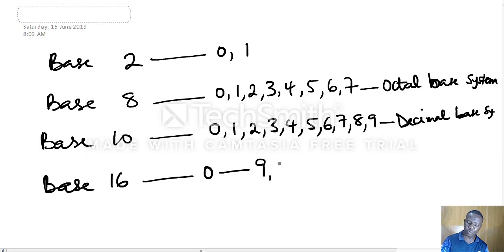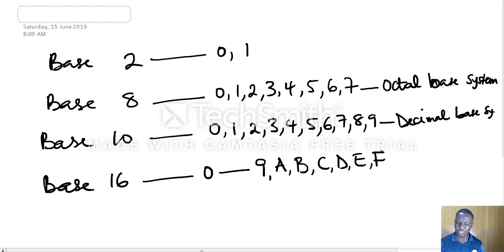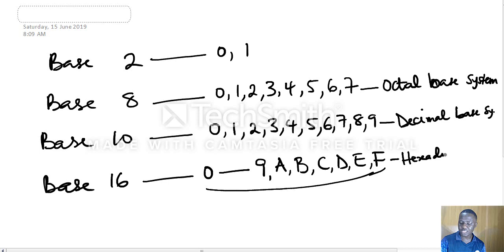We also have, in continuation, A, B, C, D, E, and F to make up the other 6 digits. So in a base 16 system, these are the digits you can find, and it is also known as the hexadecimal number base system.